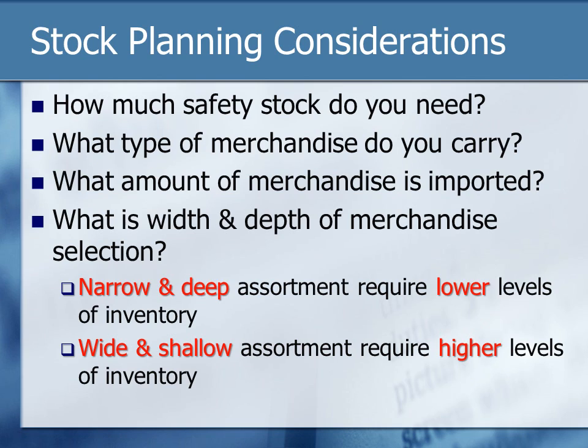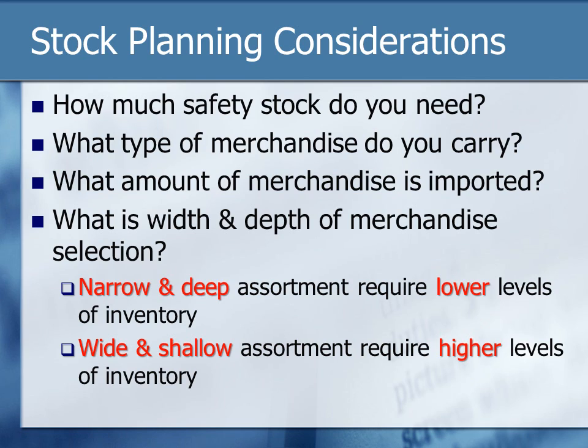The width basically means how much variety of merchandise you have, right? How many styles of merchandise you have, how many colors and how many sizes, so the variation in your selection. Whereas depth of the merchandise means the number of units per style, per color, per size, so per SKU.